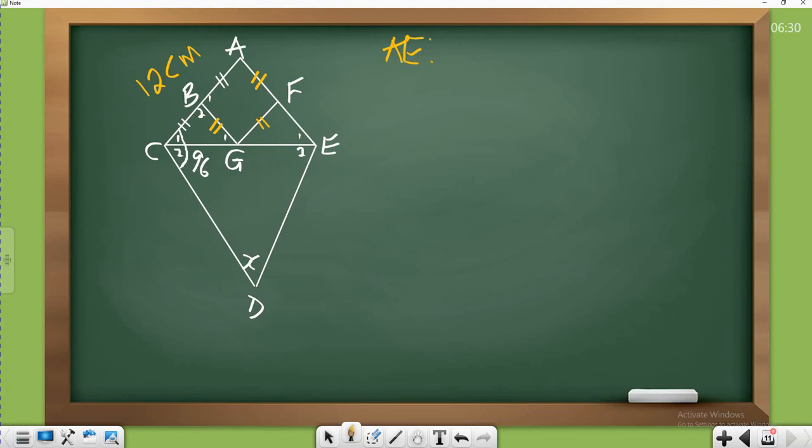What do we know about a kite? It has four sides, and we have adjacent sides. The adjacent sides are always equal. So AE would be equal to AC, adjacent sides of a kite. If you have a kite this way, this side is equal to that side, and that is equal to that.